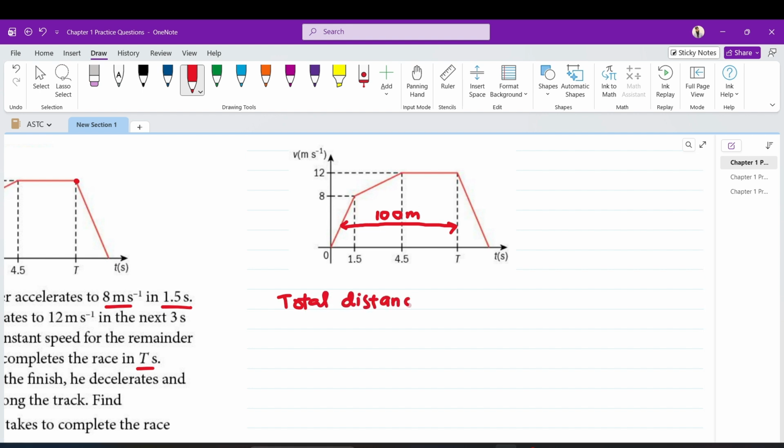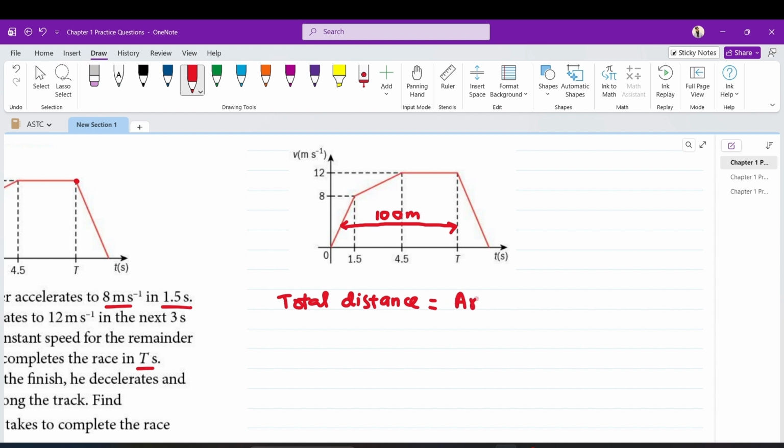So what we can do here is write the formula for total distance. I need to find out t, that's what's unknown, and I have already been given the distance. What I can see here is that I have three different shapes. This is a right angle triangle, this is a trapezium, and this is a rectangle.